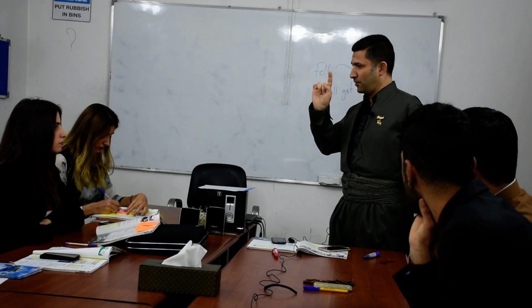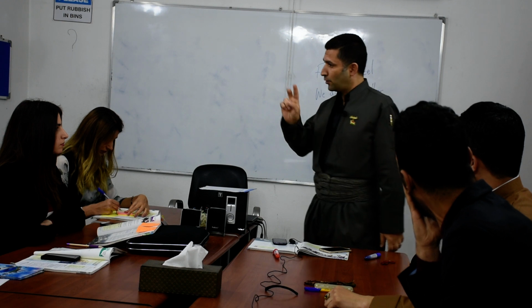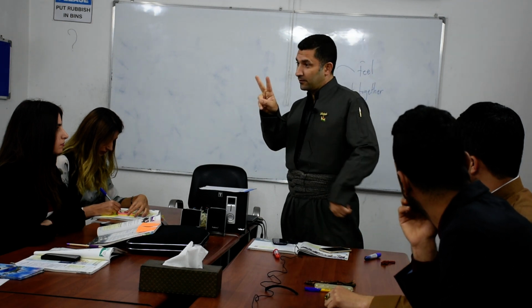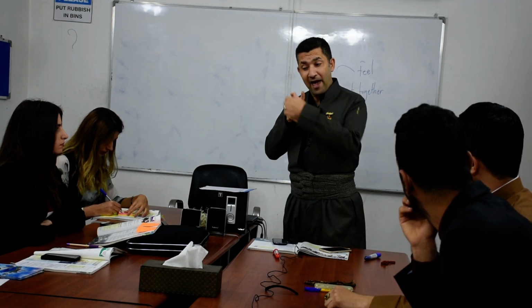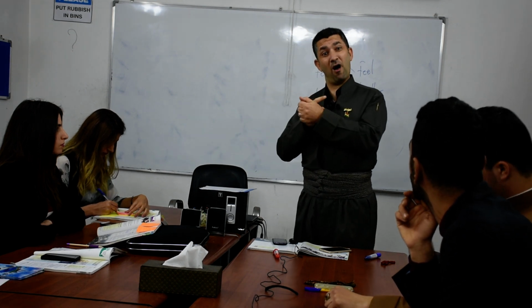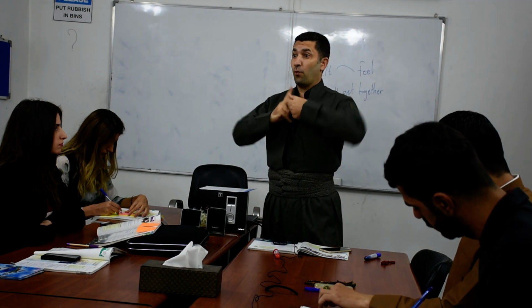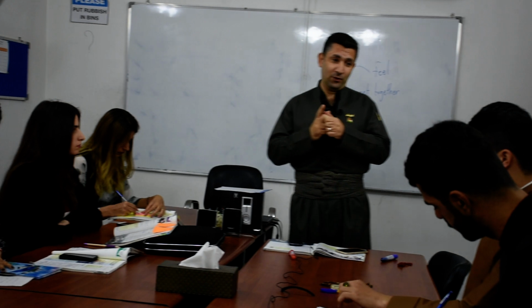Only when we have an adjective with two syllables, two only, and the last part of the adjective is Y, we keep using the ER. We don't use more. Only when we have two syllable adjectives with Y at the end, we use ER.